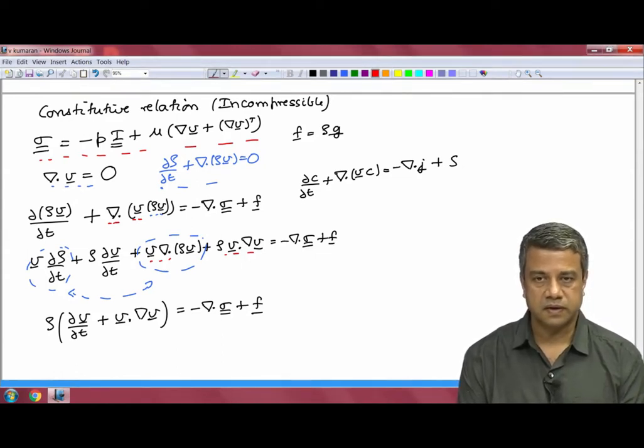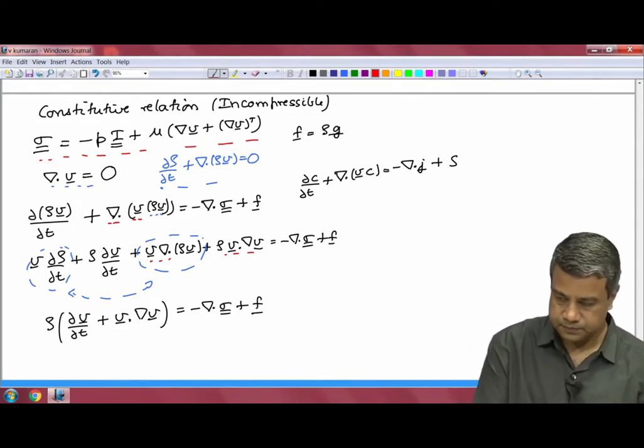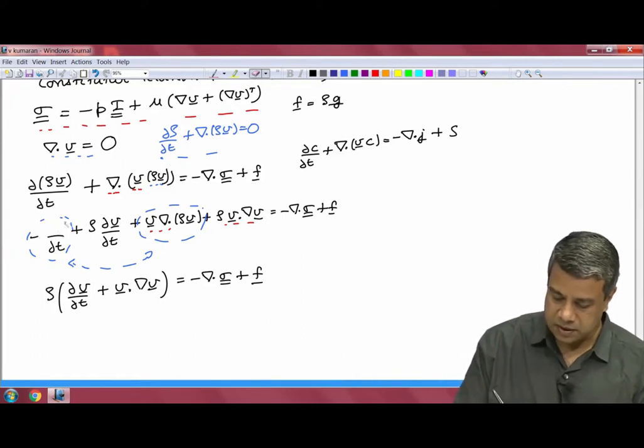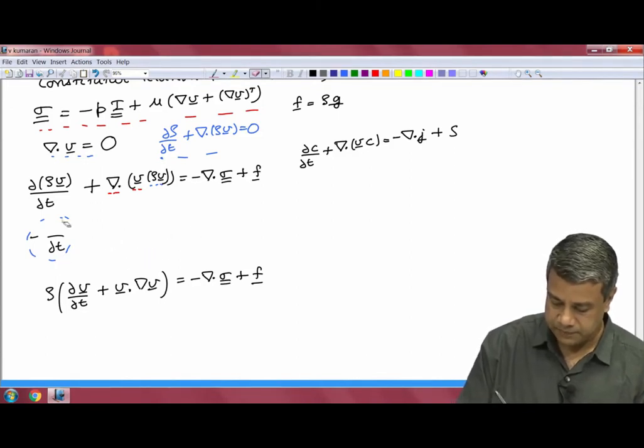The divergence of the velocity is 0 for this tensor. Therefore, the isotropic part is only due to the pressure in the case of an incompressible flow. And then we were trying to substitute that into the conservation equation in order to derive the momentum conservation equation for the fluid.